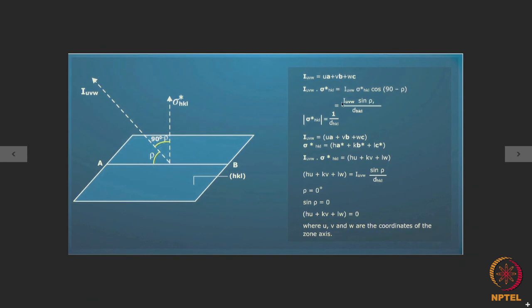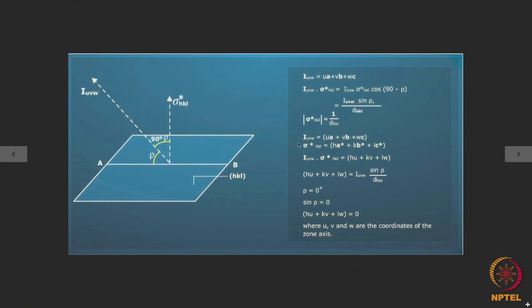So, it will be magnitude of I UVW into sine rho, and since sigma star HKL is equal to 1 by d HKL, we can write it in this fashion. It will be I UVW sine rho by d HKL. Again, you know that the magnitude of sigma star HKL is equal to 1 by d HKL.